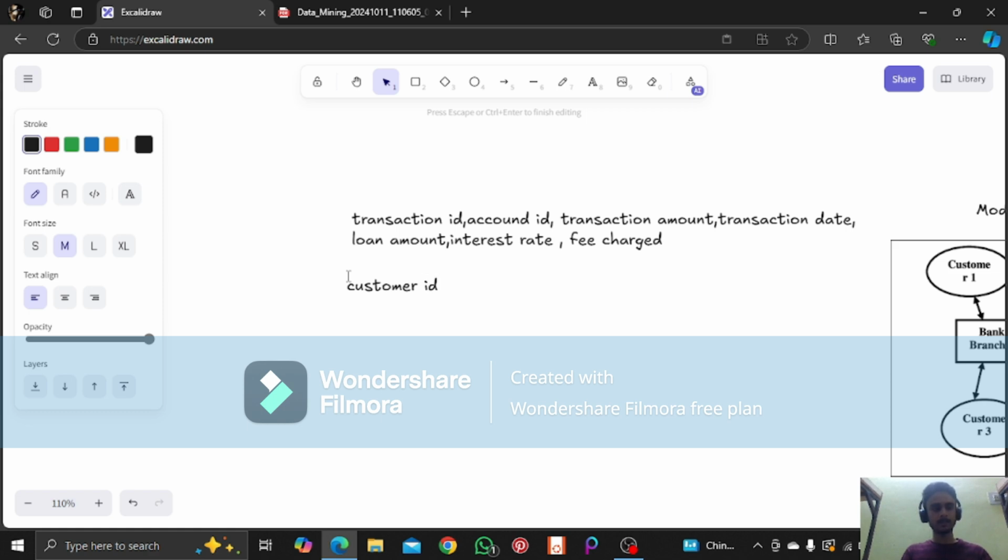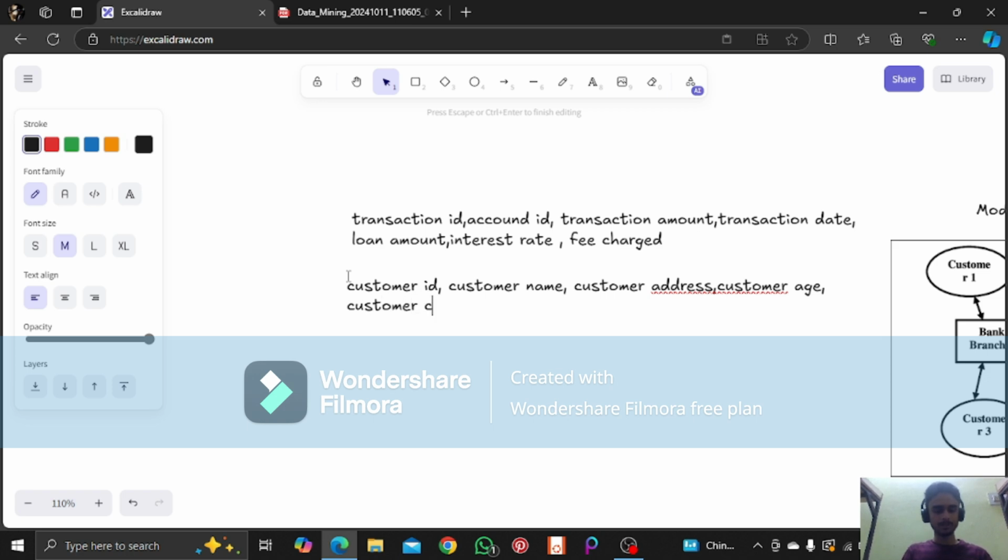then customer name, then its address, then customer age, and after customer age there is customer category.